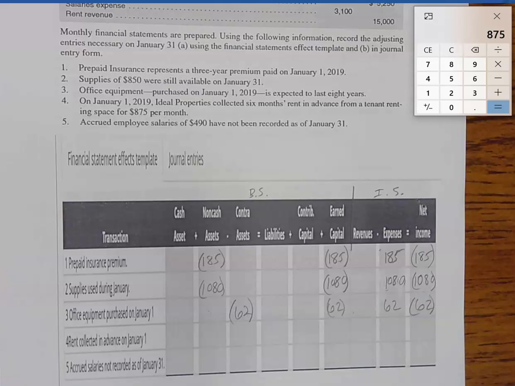Let's see here. So rent, number 4, rent collected in advance on January the 1st. Okay, so we collected it in advance. So we already collected the $52.50. Okay, so there's nothing to put here. We have no impact to non-cash assets nor to contra assets.